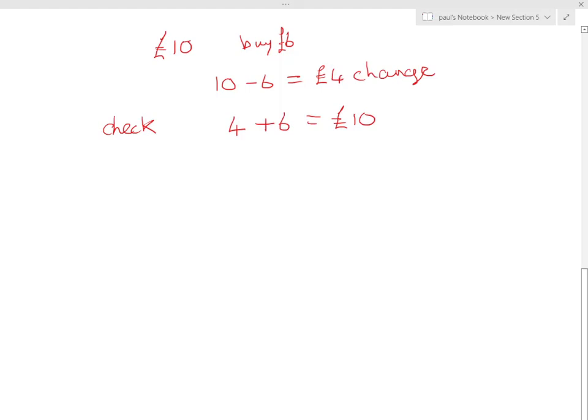Now, if you make a mistake and you say I've only got £3 change, say we have £10 and we buy something for £6, and you make a mistake and say that the answer is 3, and you do the reverse calculation for the check, so you go 3 plus 6 equals not 10. So now you've realized, because you've checked, that the original number and your reverse calculation is different, so you know you've done something wrong.